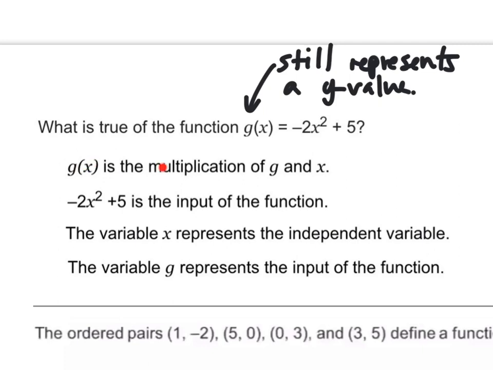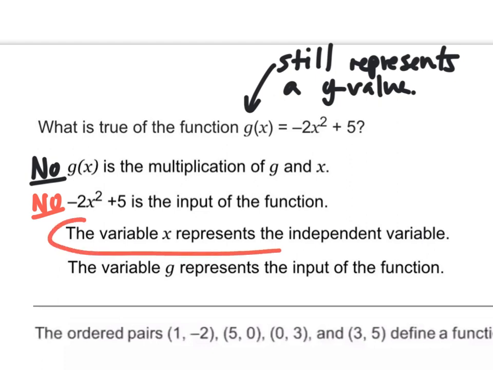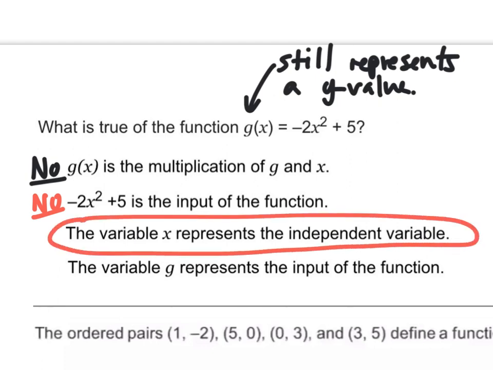G of x is the multiplication of g and x. That is no. Negative 2x squared plus 5 is the input of the function. No, the input is just x. So that's a no. The variable x represents the independent variable. This is true. And the variable g represents the input of the function. That is no.